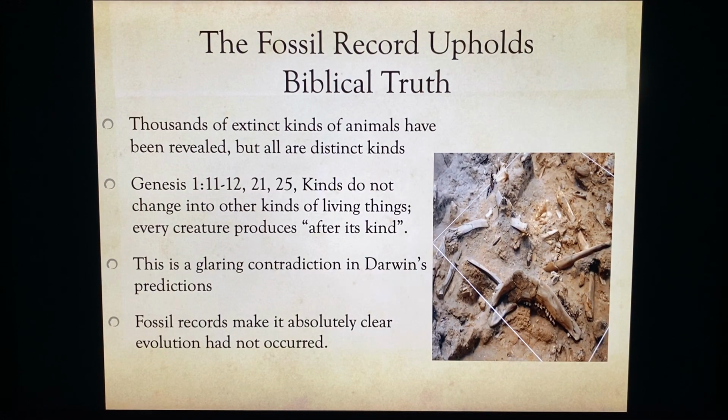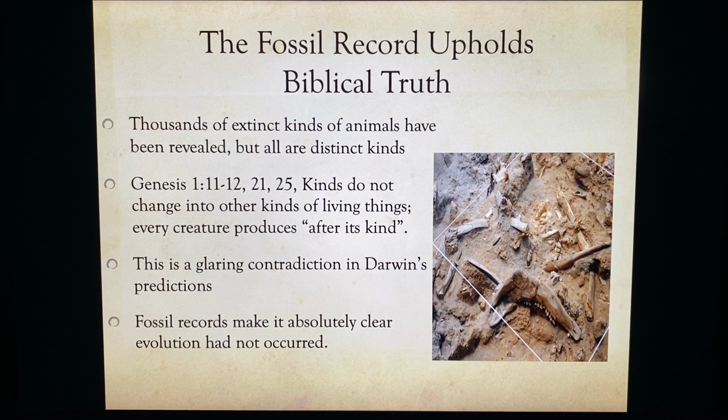The fossil record upholds the biblical truth. Isn't that the way? Here we have the fossils upholding just what the Bible says. Thousands of extinct kinds of animals have been revealed, but all are distinct kinds. They're all different kinds. They haven't been evolving at all.